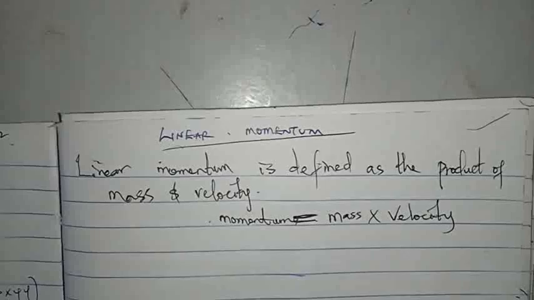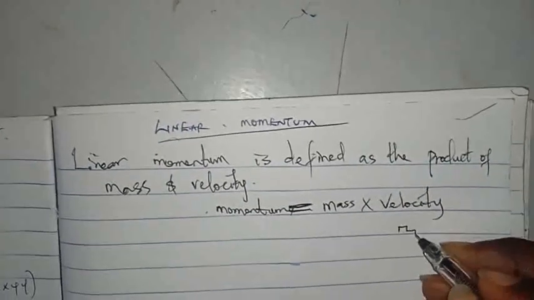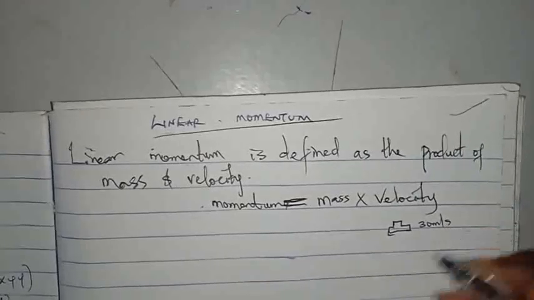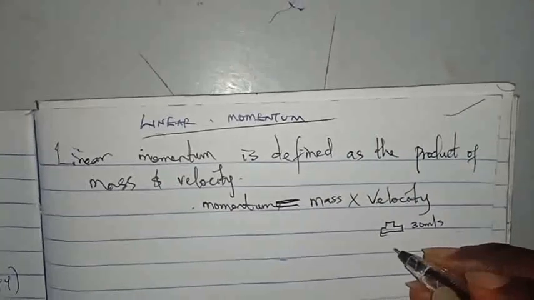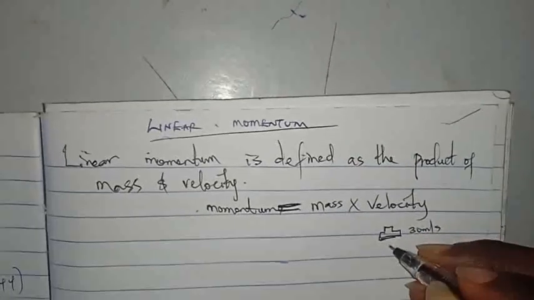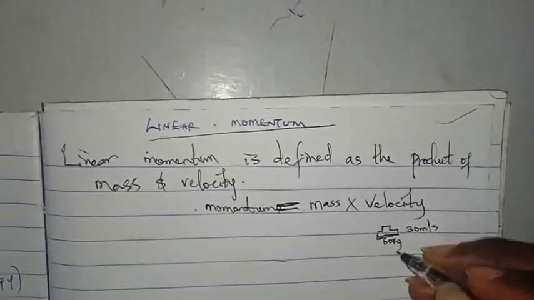Let's say for example, a car is moving at 30 meters per second, and this car has a mass of 50 kg.